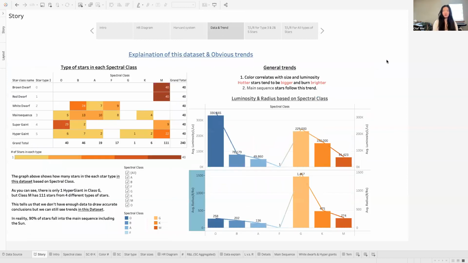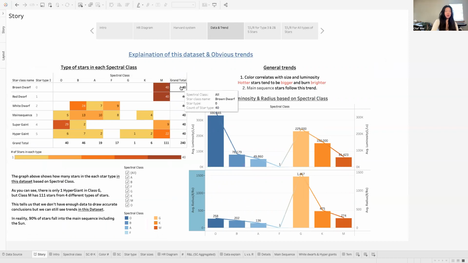For my next dashboard, this dashboard is an explanation of this data set, and whether there are any obvious trends that we can observe. So you can see the different types of stars based on each spectral class.